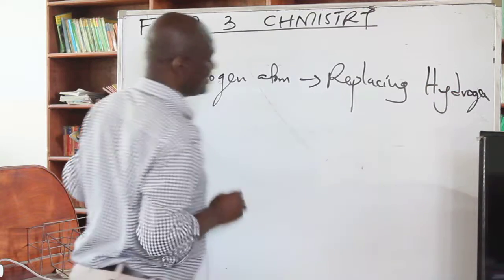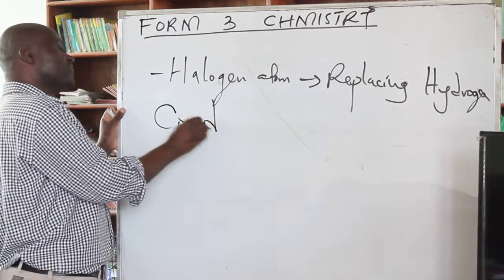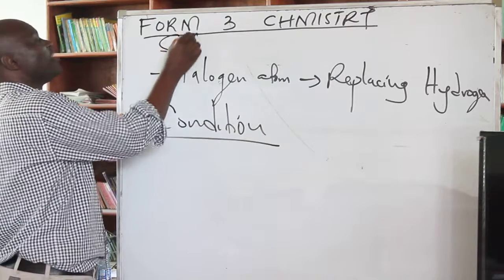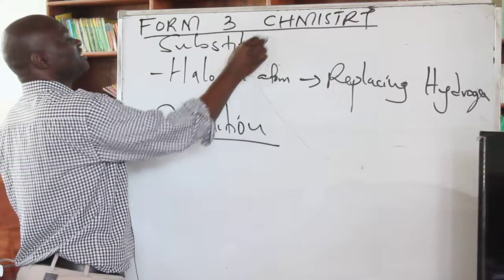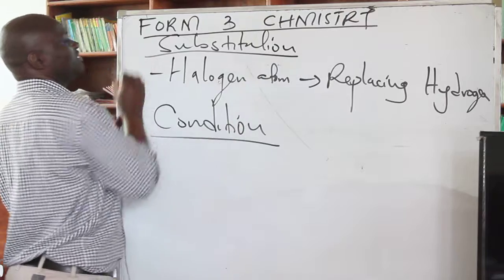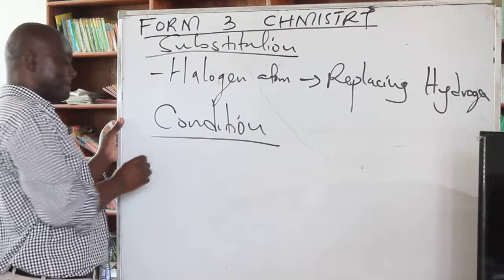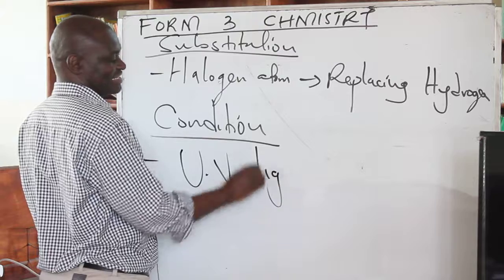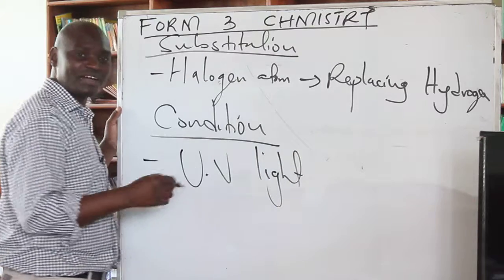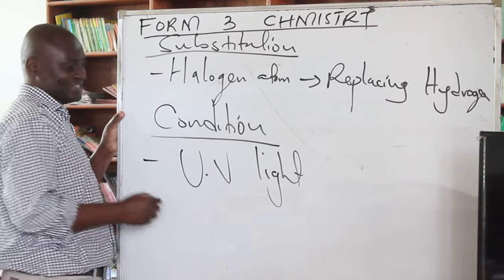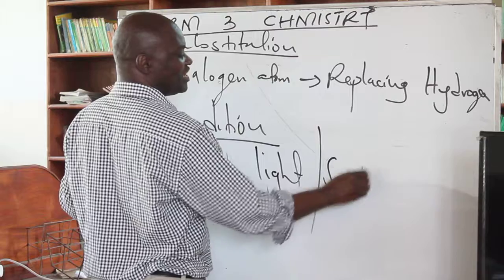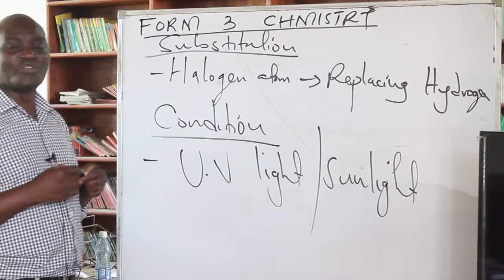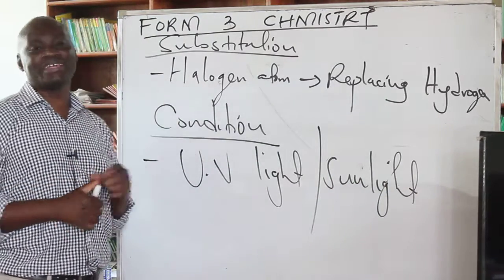That's one. And the condition for a substitution reaction is the presence of UV light, what we call the ultraviolet light, or you can simply use sunlight. So this reaction requires sunlight.